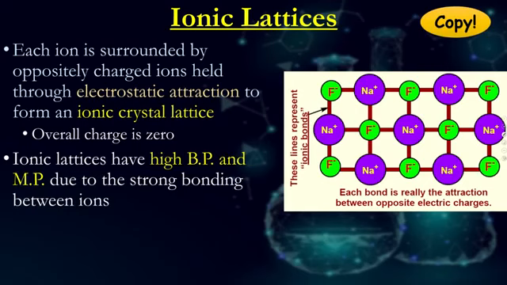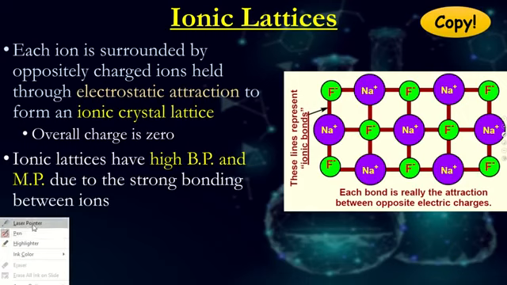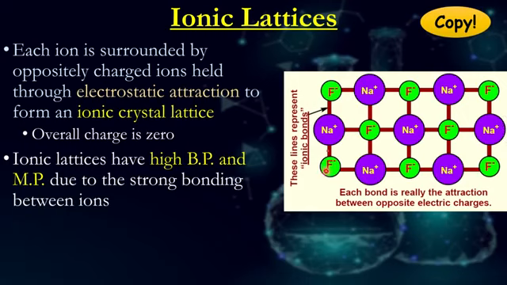And then you might find a situation where you have a big ionic lattice. Ionic lattice is similar to you looking at a small speck of salt. So what's actually happening?